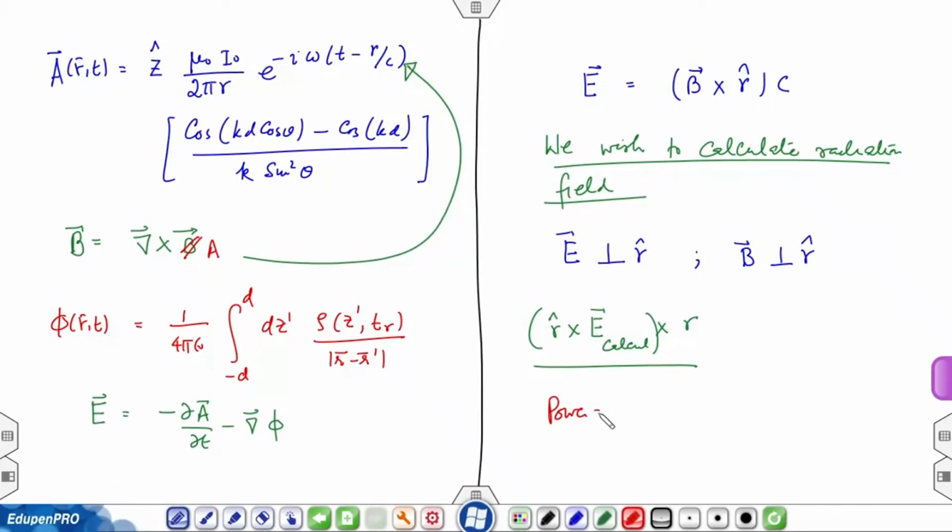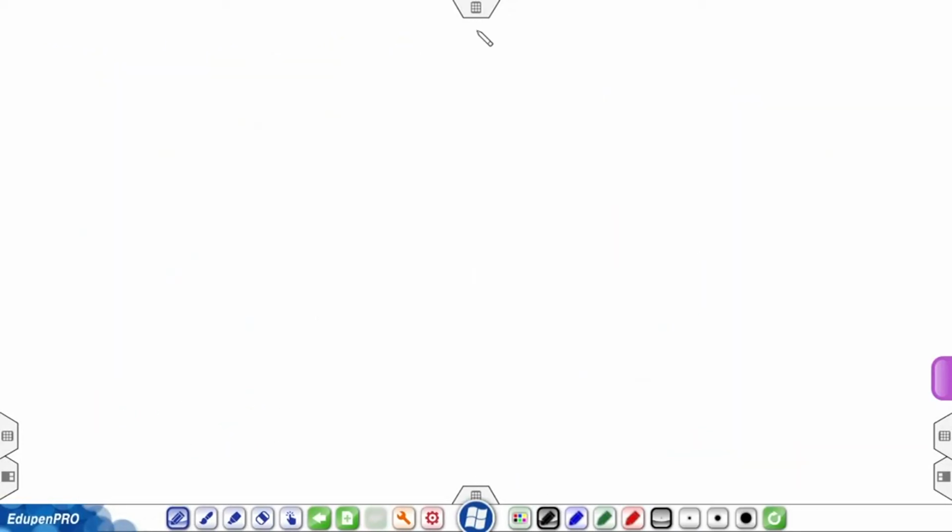Power is given by 1 over mu 0 E cross B per unit area. You have been doing these calculations for the curl and time derivatives. That is why I am not doing it now. I will take the limit for a very small antenna.